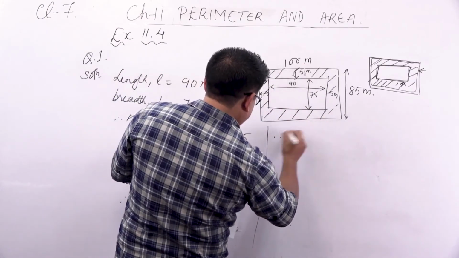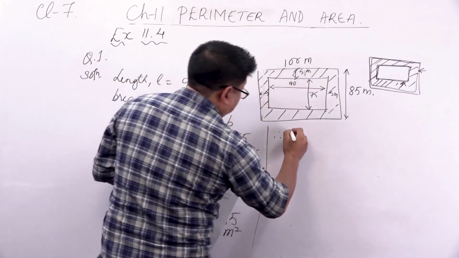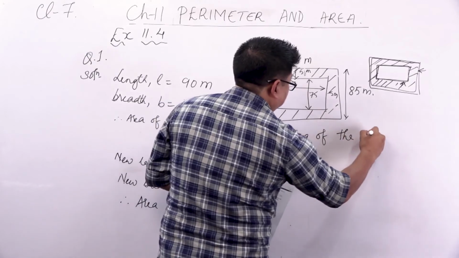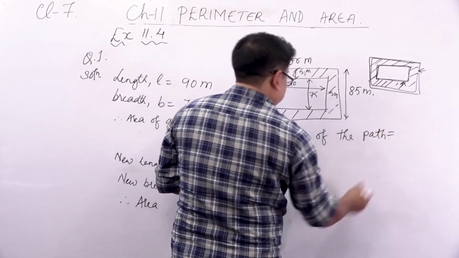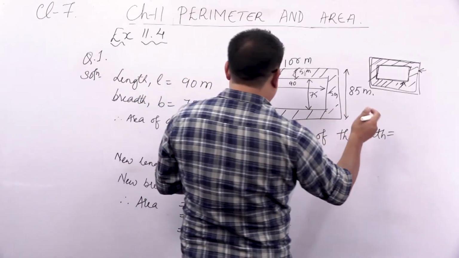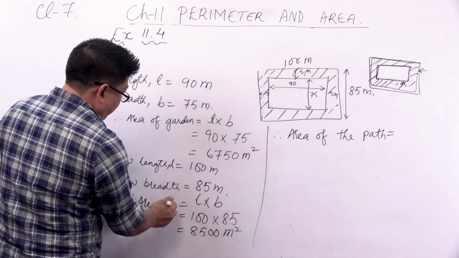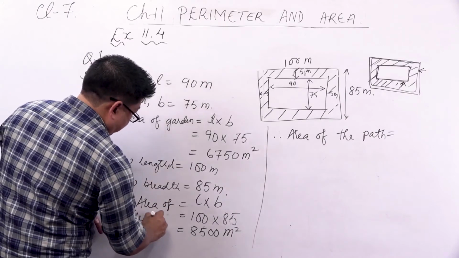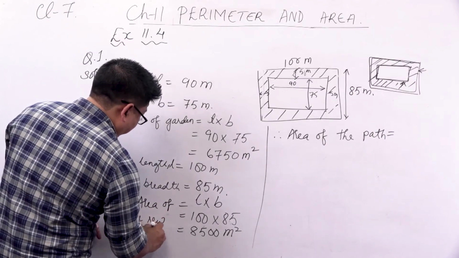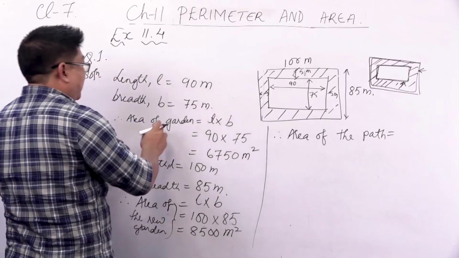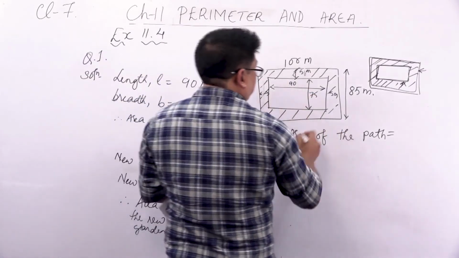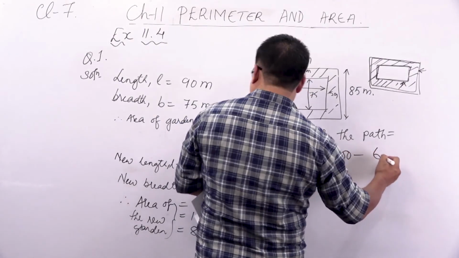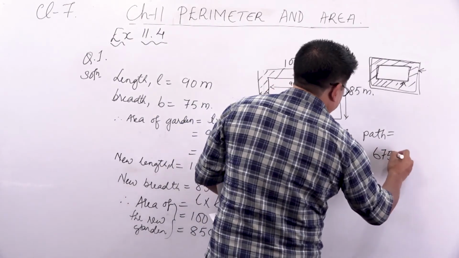So this is how you will find the area of the path. To find the area of the path, we have to subtract the area of the garden from the area of the new garden, let's say, for reference only. So you are getting 8,500 minus 6,750.